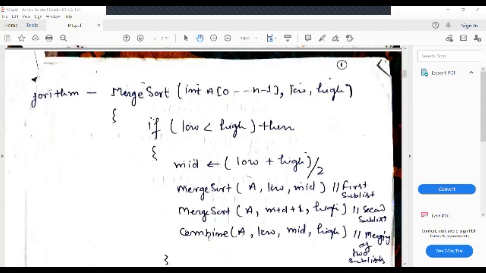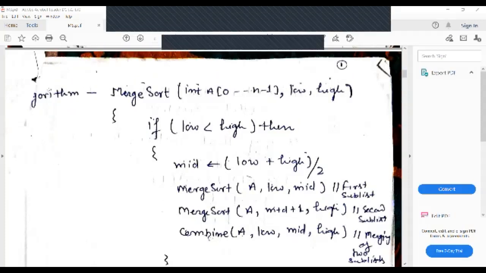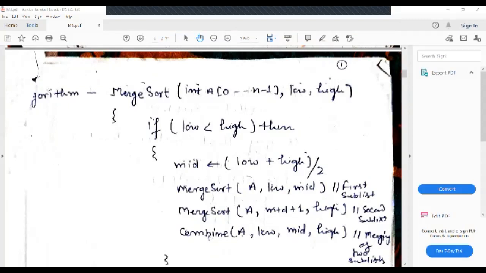Let us see what the algorithm of merge sort is, how it works, and what procedure you will adopt to implement it using the algorithm we are discussing. This is our today's laboratory aim. As you have seen, the complexity of the binary search algorithm is log n.